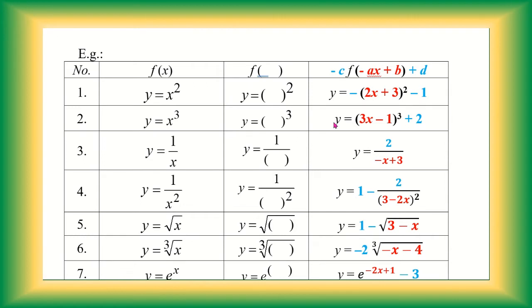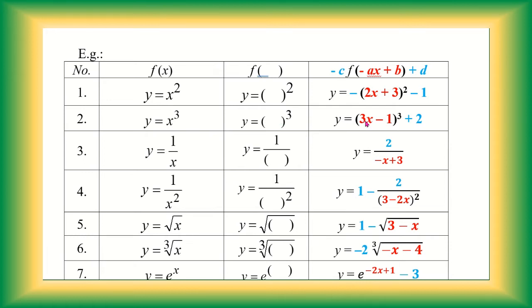Next example, y equals (3x minus 1) power 3 plus 2. Same thing, we try to identify the parent graph. We can see that the parent graph is x to the power of 3. When we simply replace the x with a brackets and compare back to the function, we find that 3x minus 1 is inside the brackets.